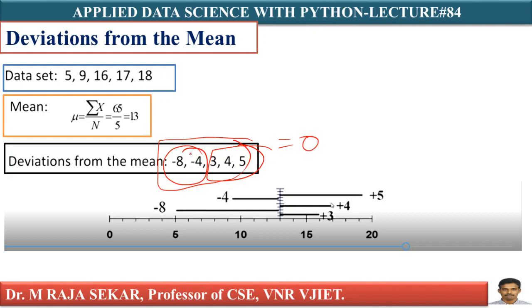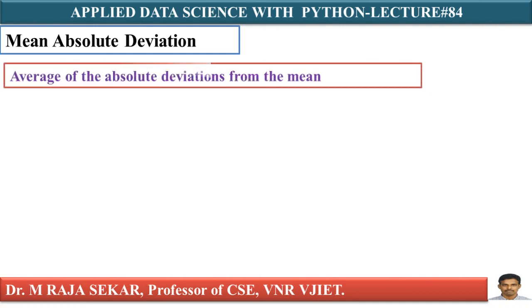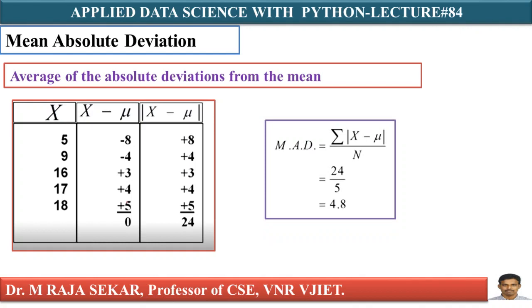One way is to remove the negative and take only positive values. When you take positive values, what will you get? That is known as mean absolute deviation. Just try to understand this one. It is simple and straightforward.